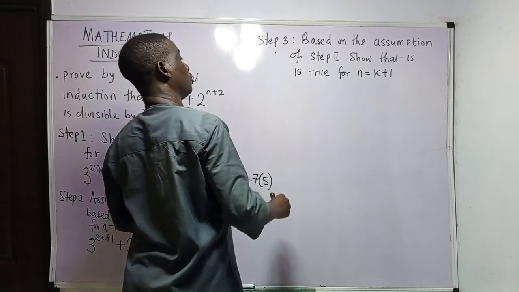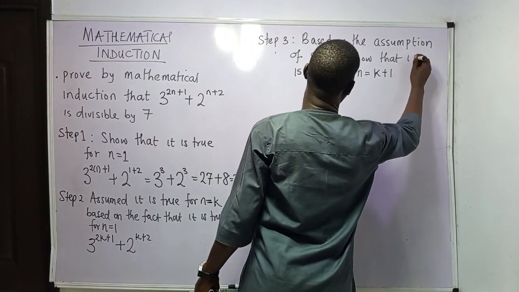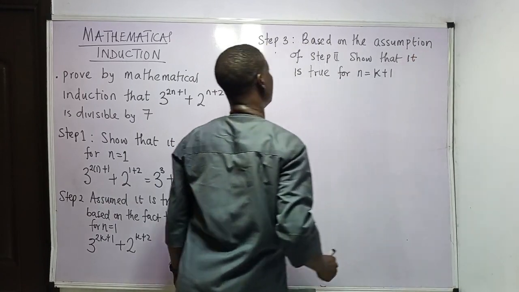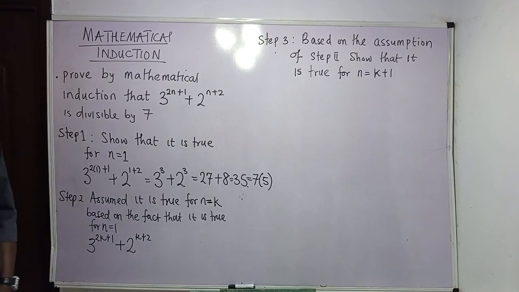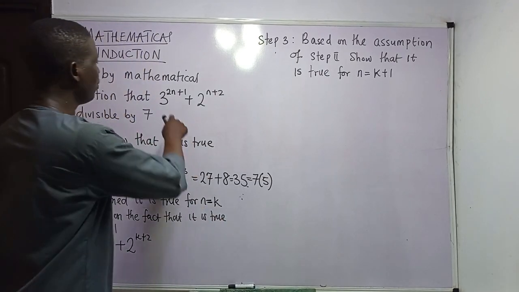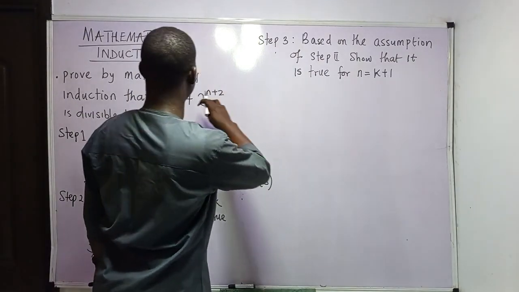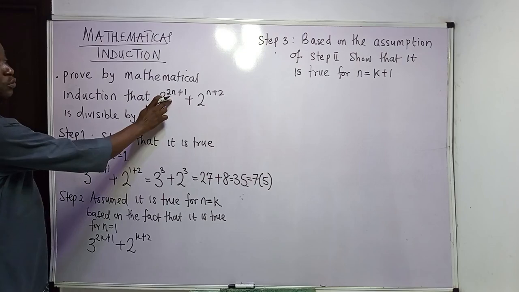Based on the assumption of step 2, show that it is true for n equals k plus 1. Now, what we are going to do now is that anywhere we see n, put k plus 1, from the equation given.